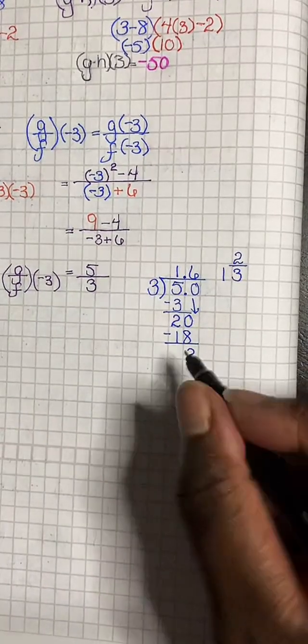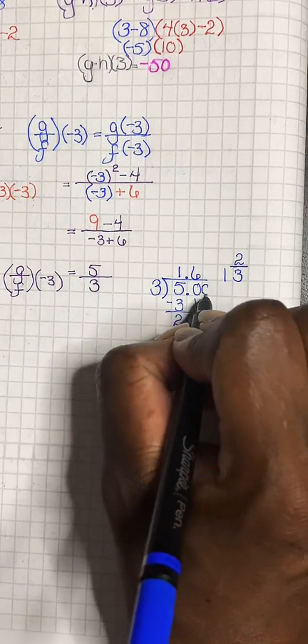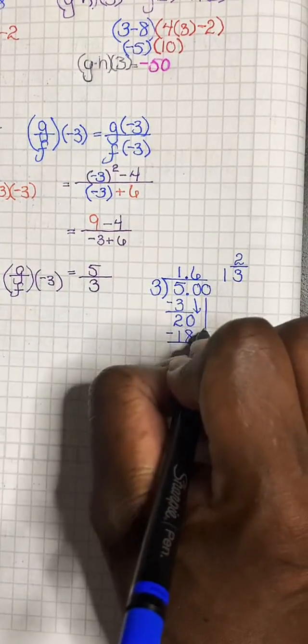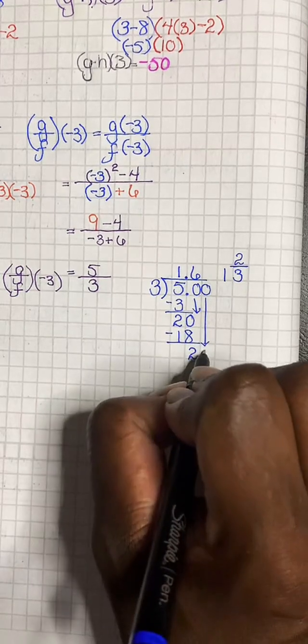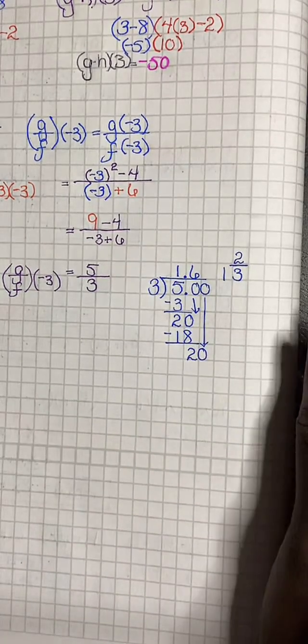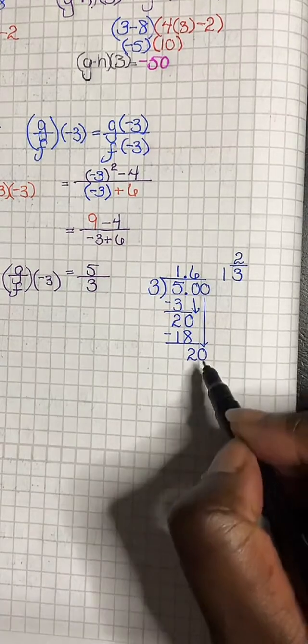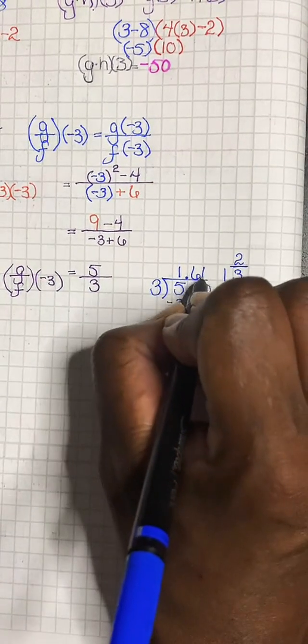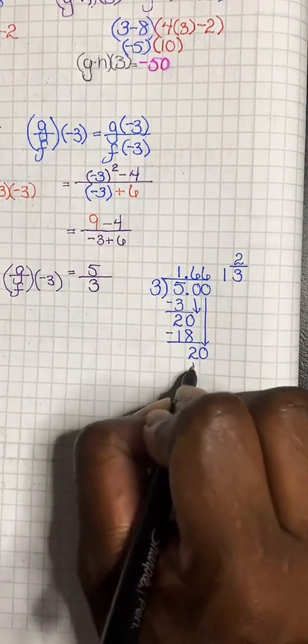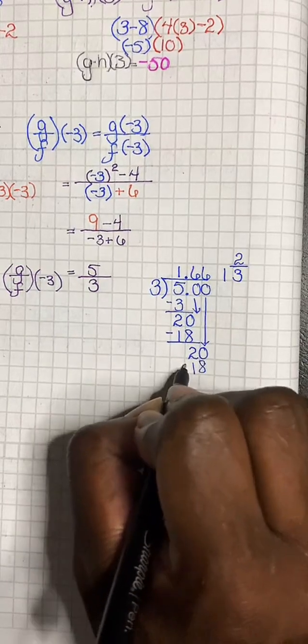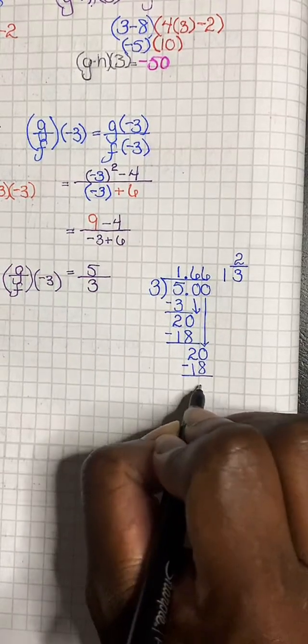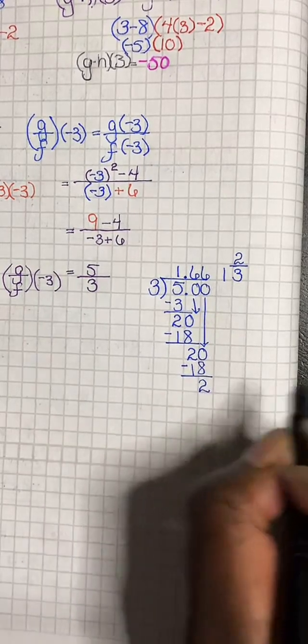That gives me 2. If I add another 0 and bring it down, I feel like it's Groundhog Day all over again. I'm repeating myself. Now, remember, this is a timed test. We do not have to keep going.